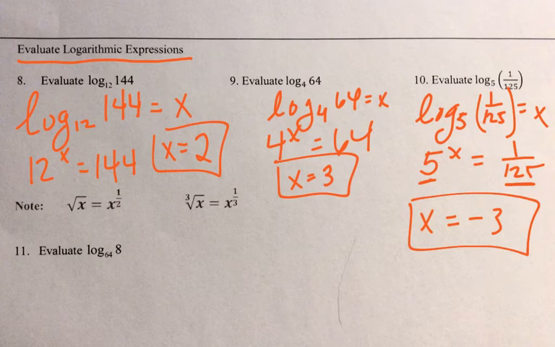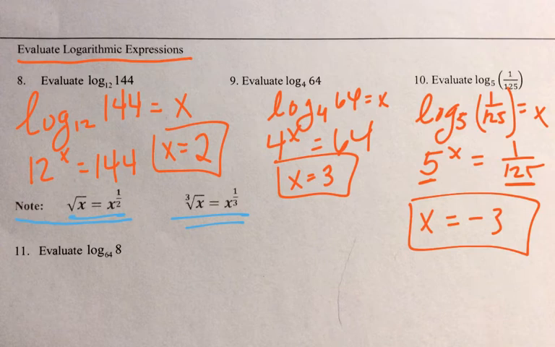The big note right here, and I'm going to point this out because it actually shows up at least twice in your homework, is that when I have radicals, remember that a radical is equivalent to having a fractional exponent. So if this is the square root of x, that's the same thing as x to the 1/2. If I have the cube root of x, that's equal to x to the 1/3 power.